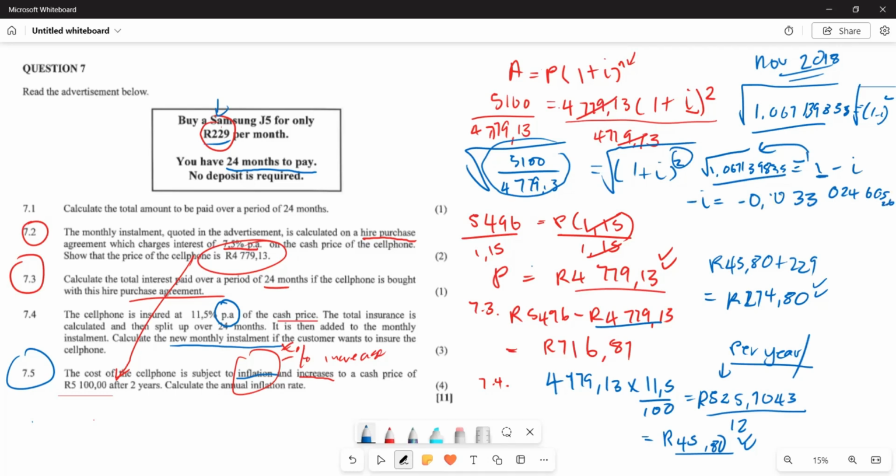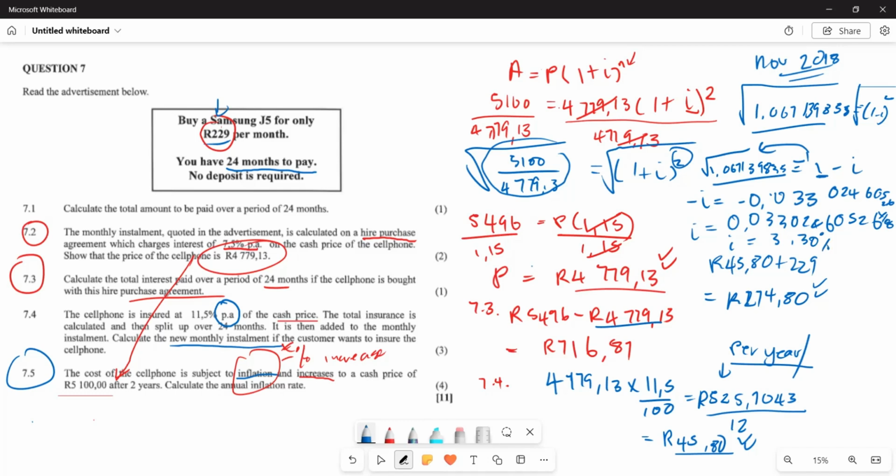And when you divide by negative, your I is basically going to be 0.03302460526. When you multiply this by 100 so that you get the percentage, you'll find that your value of I is 3.30% altogether.